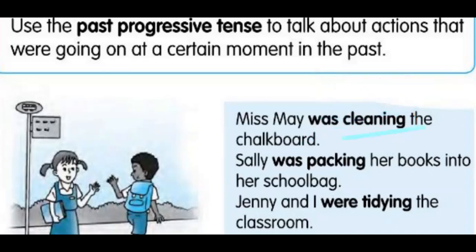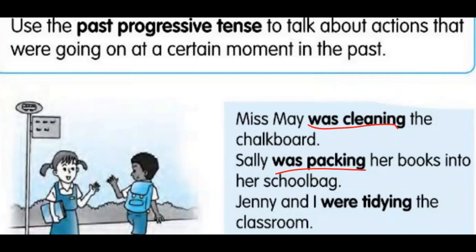Once again, let's see another example. Sally was packing her books in her school bag. Again, here, what is the helping verb? Was, and packing is the verb, the action word which is used. So all this together, what do you call this, which is highlighted? Past progressive tense.